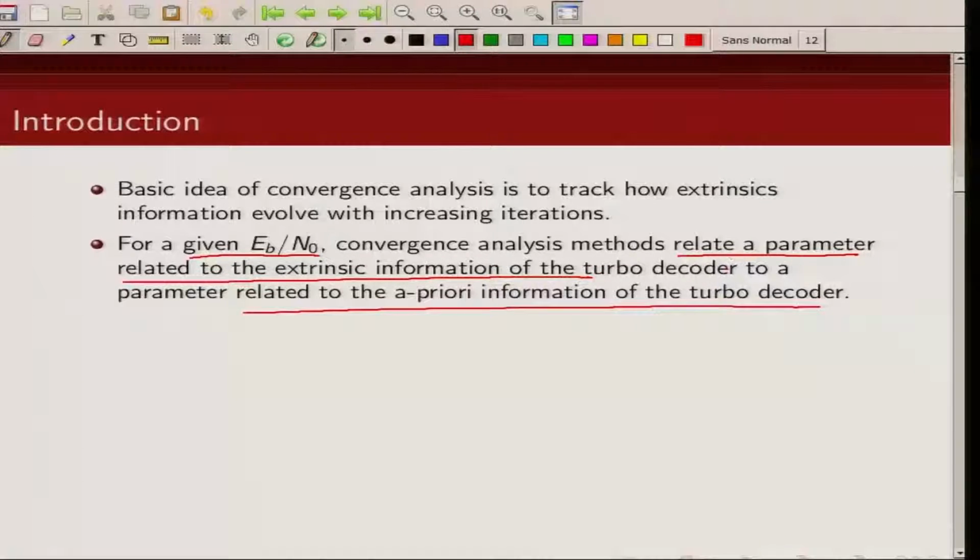As I said, in this soft input soft output decoder, the only things changing are this a priori information and this extrinsic information. So we want to track how they are growing with iteration. In this convergence analysis, we are going to track a parameter related to the extrinsic information, and we will see how that parameter changes when a parameter at the input side, which is the a priori value, is also changed.